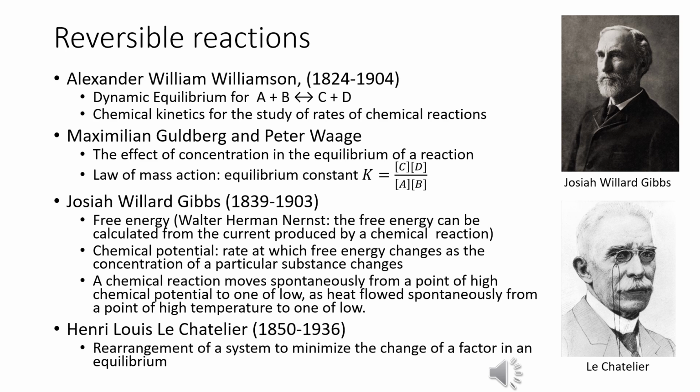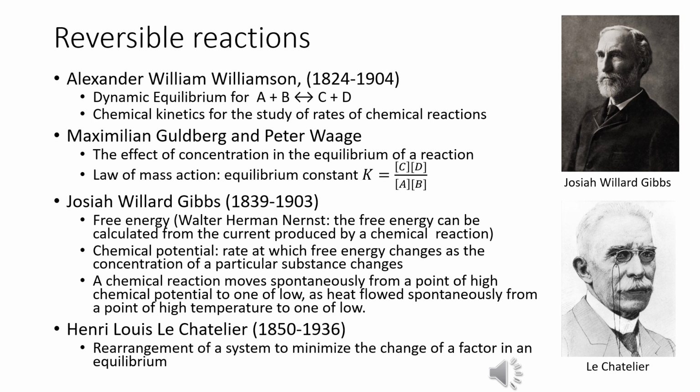Despite the importance of the work by Gibbs, it was not immediately received by European chemists and physicists, and it took time for the translation, mainly by Henry Louis, who took Gibbs' work and translated it to French in 1899.